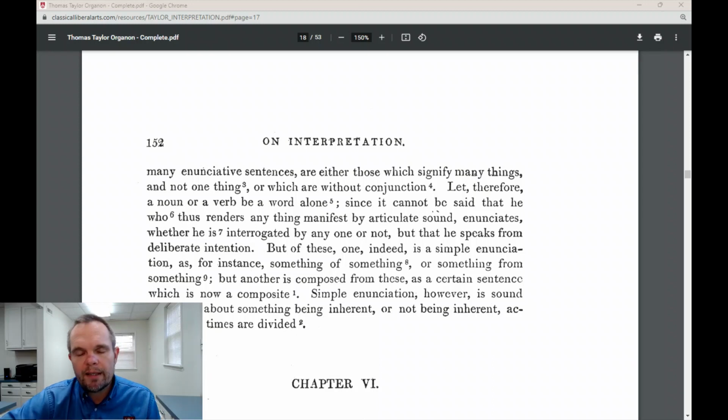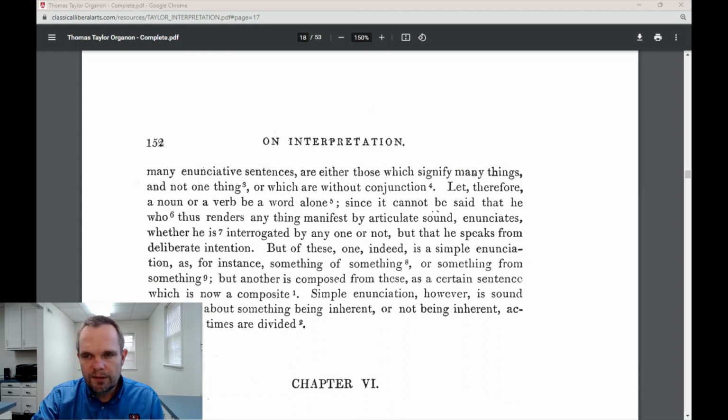Now, if you read that and you say, what in the world does that mean? Just be patient and continue reading. Aristotle knows that if you read that sentence, you will not understand everything that it contains or expresses. He knows that. He's a teacher. He introduces the principle and then he goes on to explain it. So just keep reading.